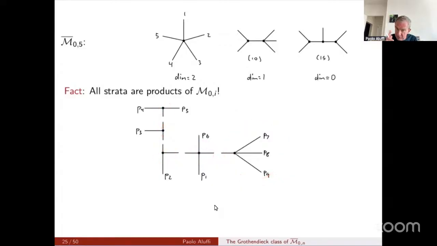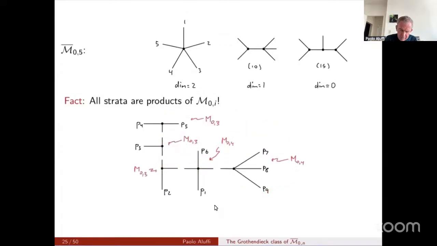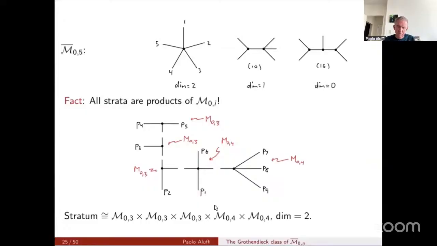So if you paid attention, you know that this is in the picture for M03. There's another M03, a third M03, an M04, and another M04. That corresponds to the fact that this stratum is isomorphic to M03 cross M03 cross M03 cross M04 cross M04. It has dimension 2, because this is a point, this is a point, this is a point, and these guys are curves. So you see, it's amazingly beautiful.